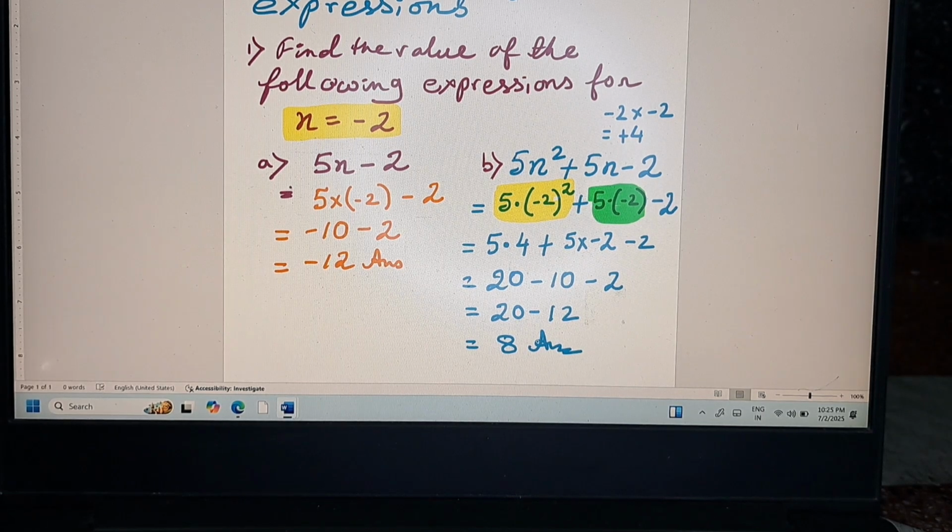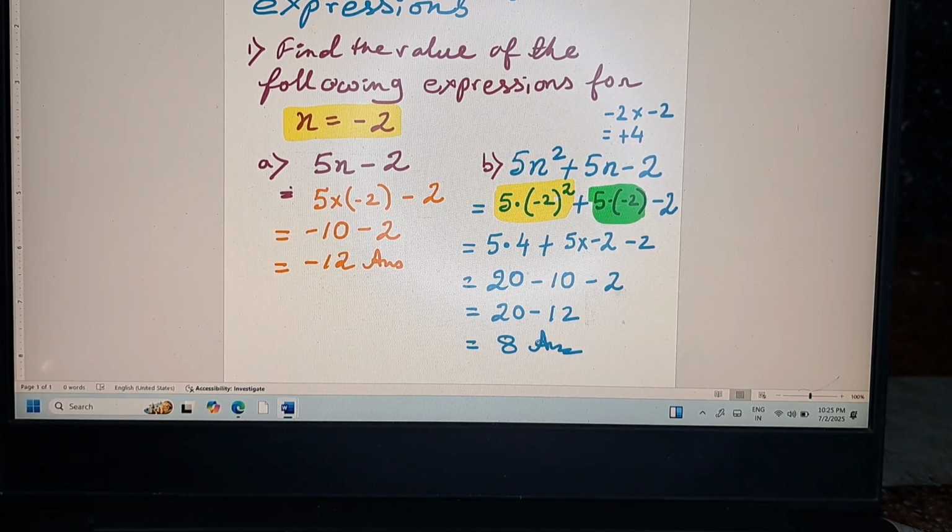While solving this algebraic expression, we apply the different rules which we have learned in the integers chapter, where the positive and negative signs come into play.